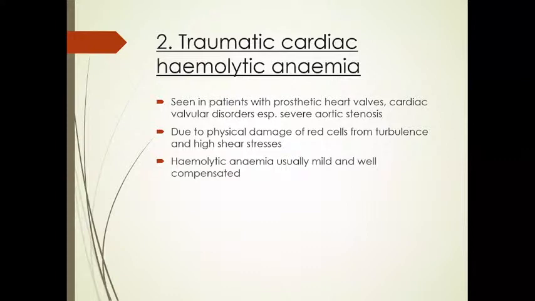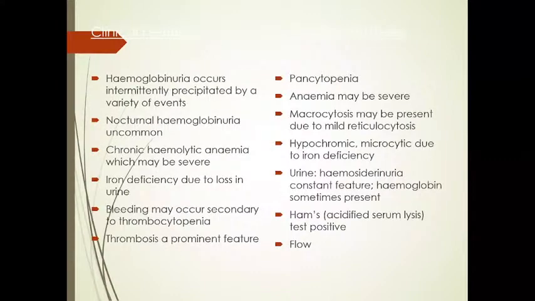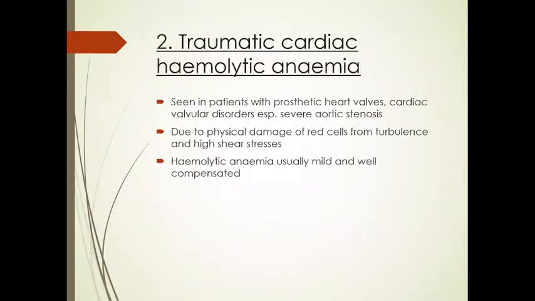The second one was the traumatic cardiac. I'm trying to remember what I put as number one. Forgive me. Oh, okay, maybe it was the red cell fragmentation syndrome. So traumatic cardiac hemolytic anemia, you see that in patients who have prosthetic heart valves or cardiac valve disorders, which you might meet in your surgical rotations or in your IMED rotations.